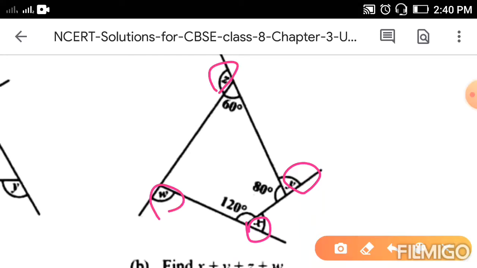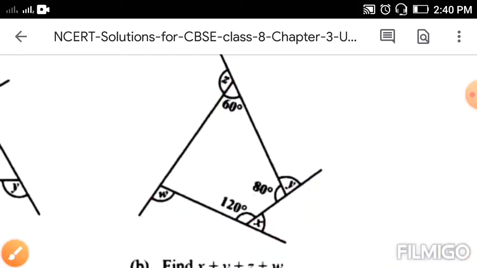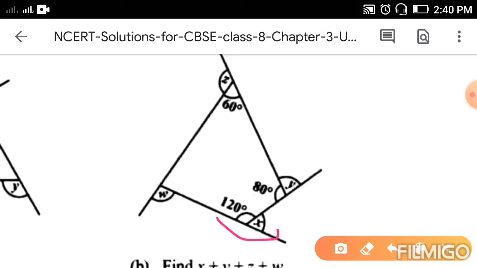You want x plus y plus z plus w. So first of all, you should have the value of all these angles. It is very obvious that using linear pair angles, you can find out the value of x, y and z.